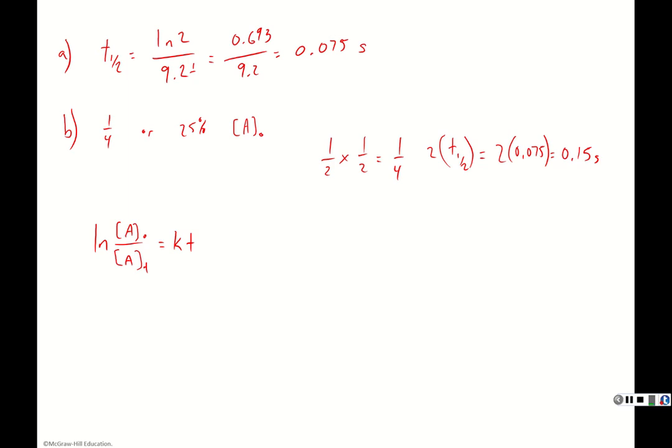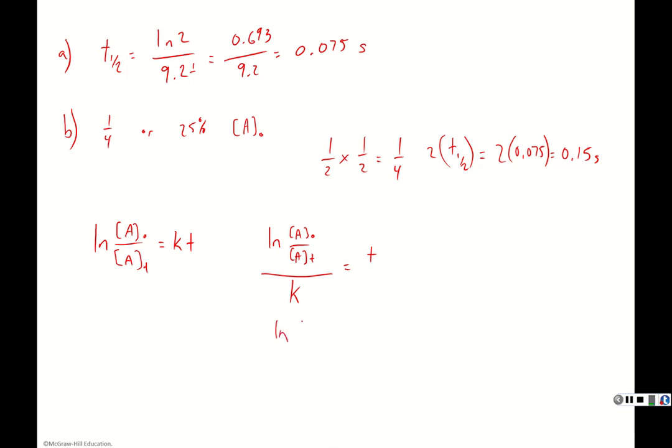It just takes an extra step. Okay, so for this, if we rearrange this to solve for t, we'd have ln of A naught over A at time t, divided by k, equals t. And we're being told that 25% of A is left. That's what we need to find the time for.